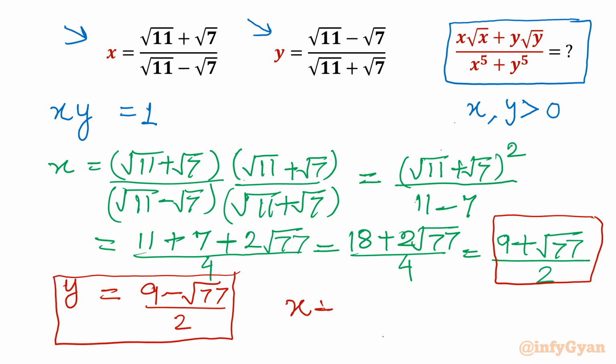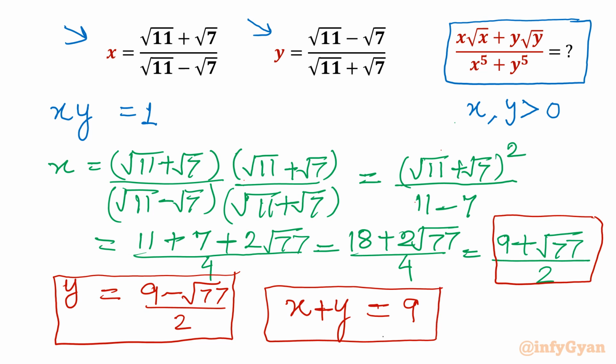If I add both, x plus y, it becomes 9 over 2 plus 9 over 2, that is 9. So now we have a new system of equations: xy is 1 and x plus y is 9.